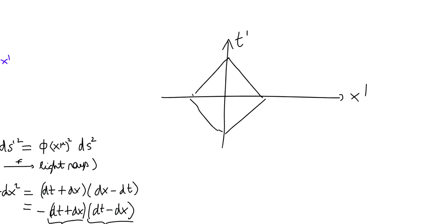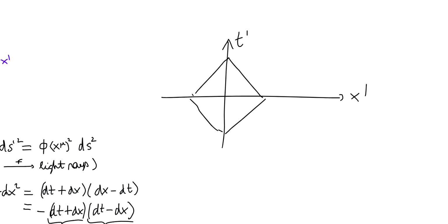And we have just mapped all points from 1 plus 1 Minkowski onto a finite region in 1 plus 1 Minkowski. And by mapping light rays onto light rays, the causal structure is preserved.